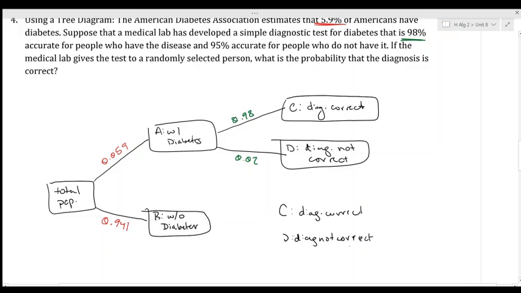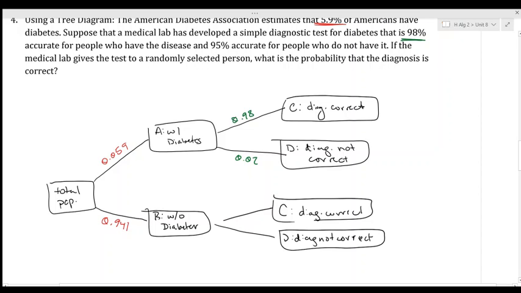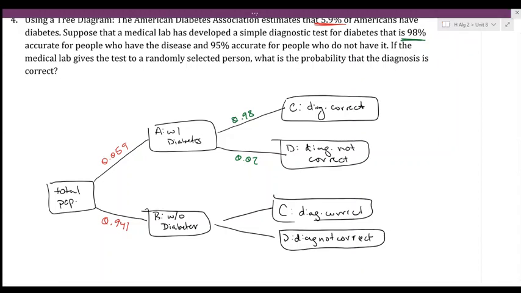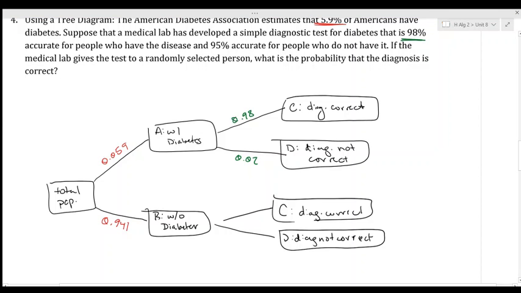Now again, we are told for people without diabetes that it is 95% accurate. So we got 0.95 for the correctness, which means the not correctness is going to be 1 minus 0.95, which is 0.05. Okay, so our tree diagram is all drawn out.